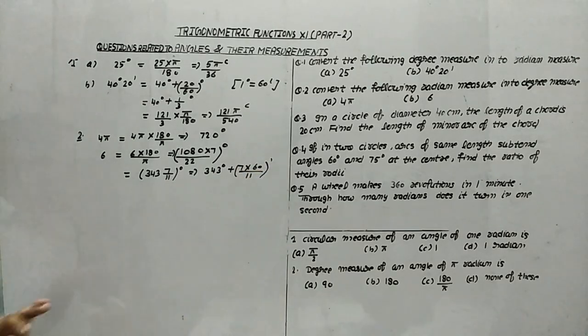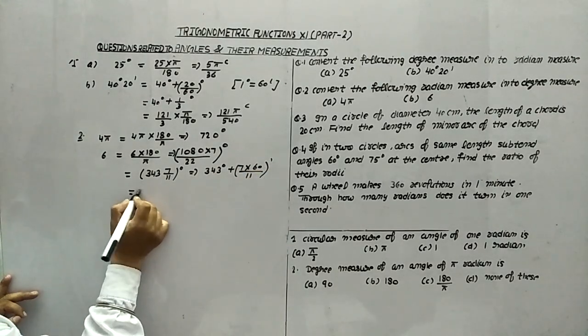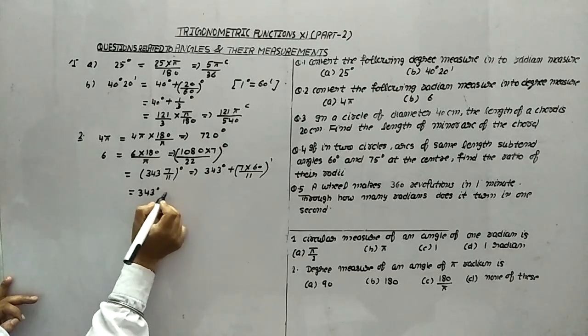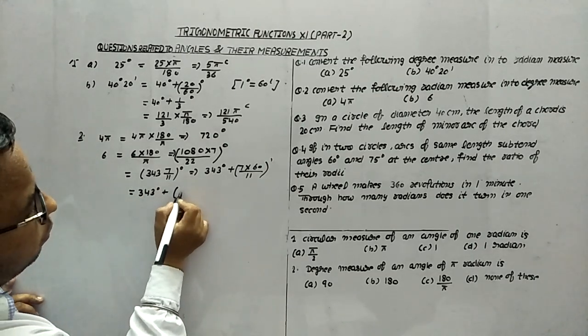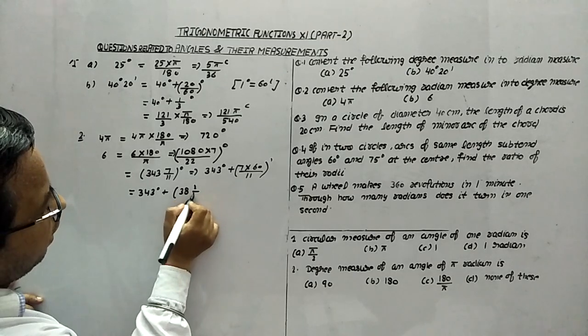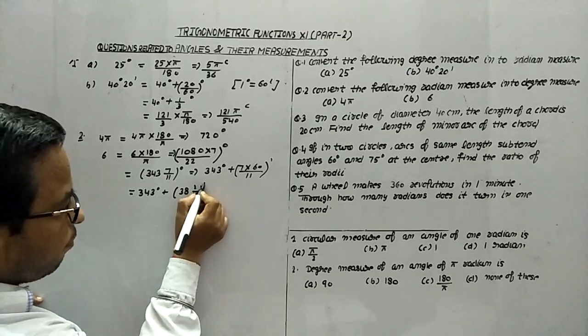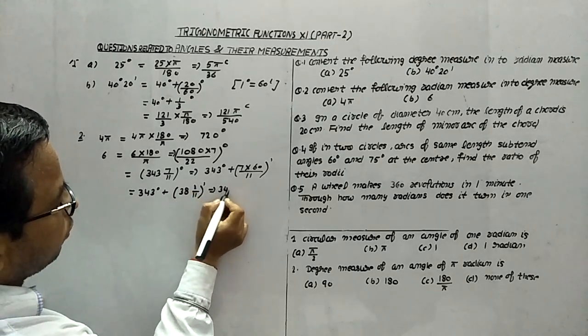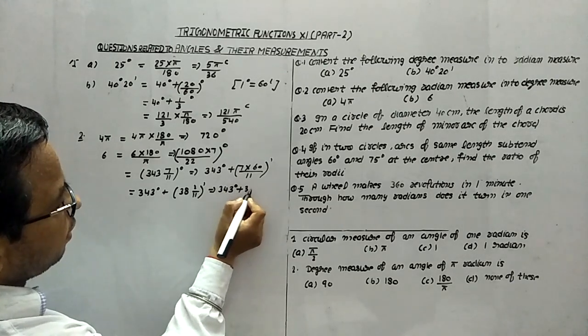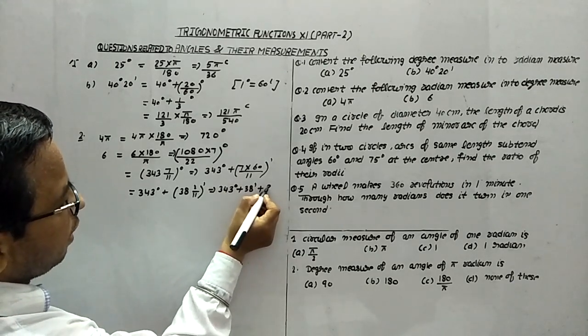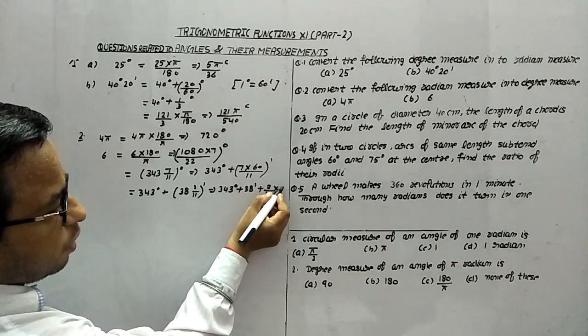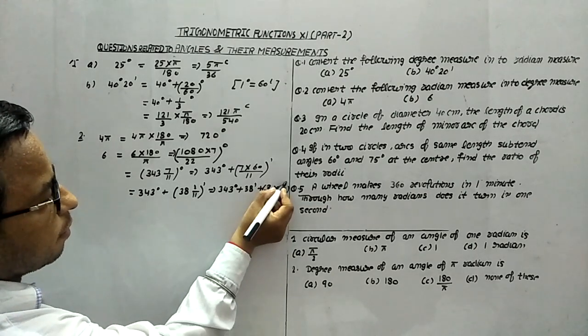Minutes. Now, after doing all this multiplication, you will get 343 degrees plus 38 and 2 by 11, and this is the minutes. It means this is 343 degrees plus 38 minutes plus 2 by 11 into 60, and this is seconds.